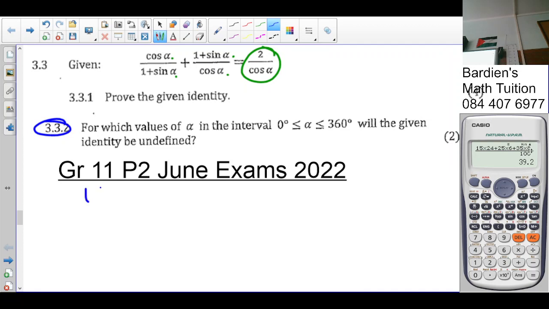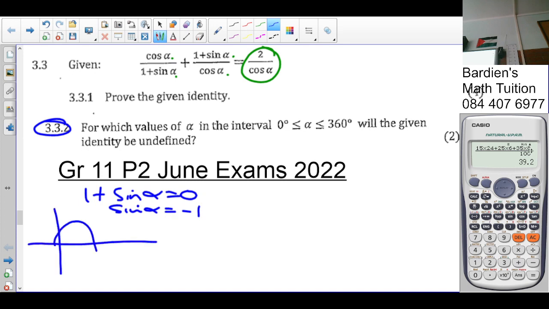So it's where 1 plus sine alpha is equal to 0. So sine alpha is equal to negative 1. We take it to the sine graph. Sine of theta is negative 1 at 270, sorry. Okay, so to sort this out from 0 to 360, as you can see the graph is drawn from 0 to 360, the one solution is x is an element of, the one is 270.